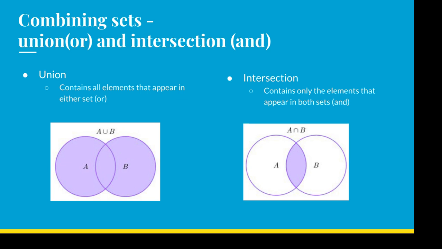And the way that I remember which one intersection is, and that it's AND, is because the symbol for intersection is like a curvy AND symbol. You know how the AND symbol is the caret symbol? And so they look similar, and that's how I keep them straight, what intersection is and what union is.